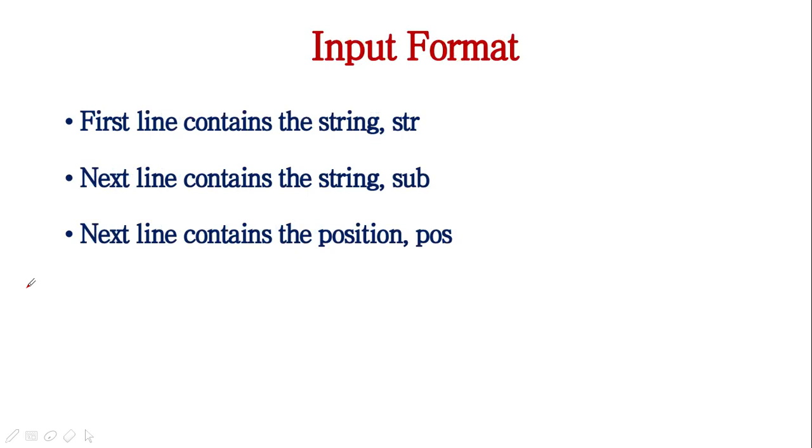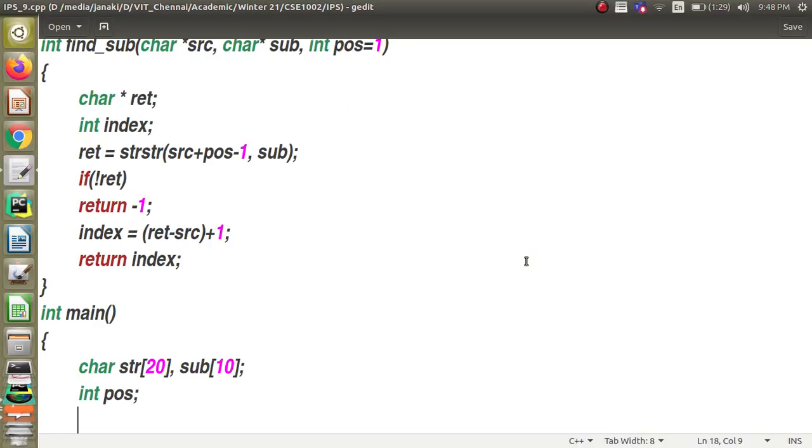The first line will contain the string, the second line the substring that you are going to search, and the next line the position from where the search is going to occur. So let us name them str, sub and pos.